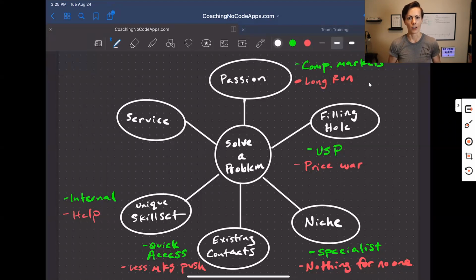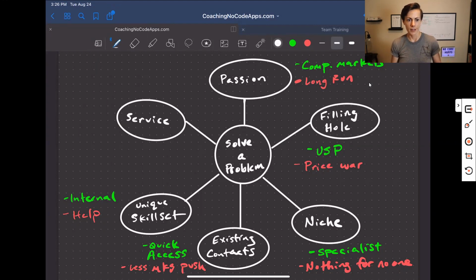But features and product are pretty easy to copy. Also, they're not really new. There's not a lot that's revolutionary. And even if you have something that is revolutionary and that's actually valid, that people actually need, when you launch that, it's going to be relatively easy to copy because features are easy to copy.